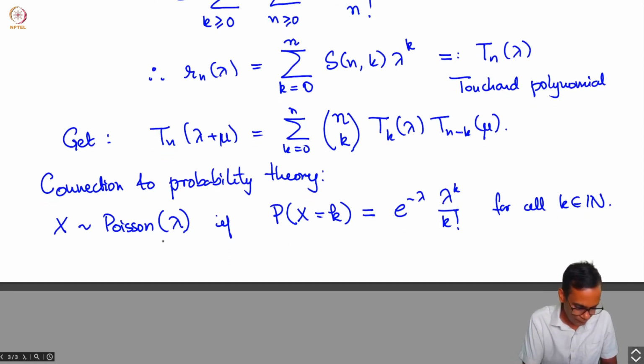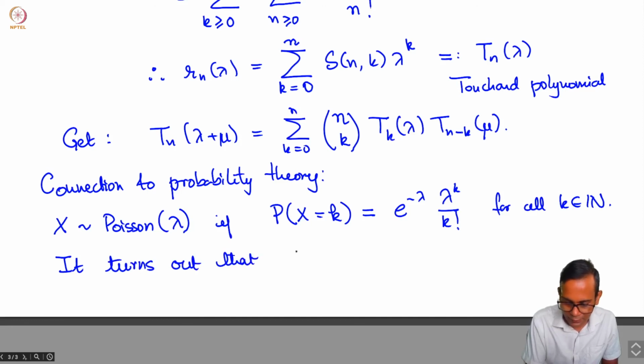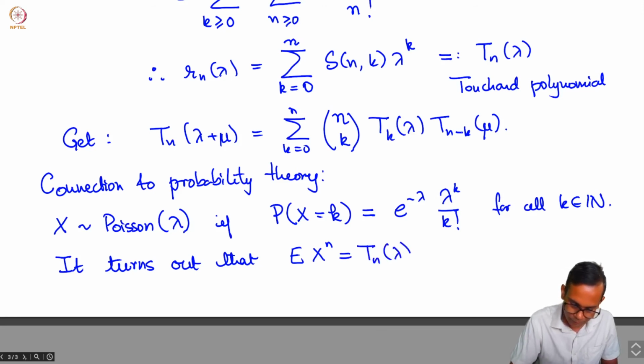and it turns out that, and I would encourage you to try to prove it, the expectation of X to the power n is T_n(lambda), given by the Touchard polynomial.